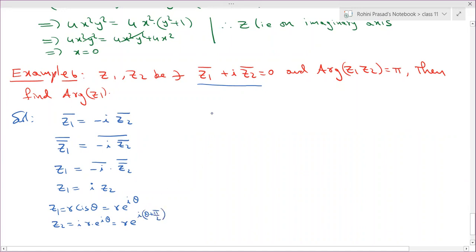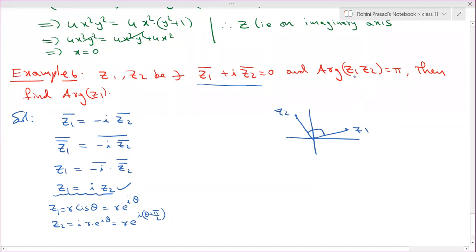We don't need to write all this; directly by looking at this, Z1 is here, suppose. This is Z1. And Z2 is obtained by rotating it about the origin by 90 degrees. The length will remain the same. That's the meaning of Z1 equal to iZ2. So the magnitude remains the same, only the argument will be increased by pi by 2.